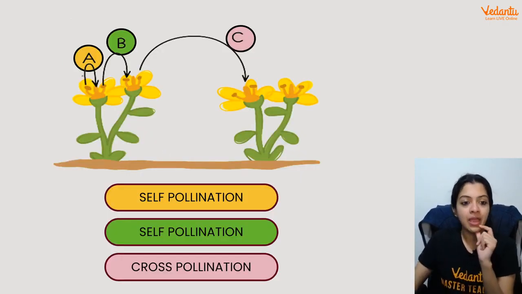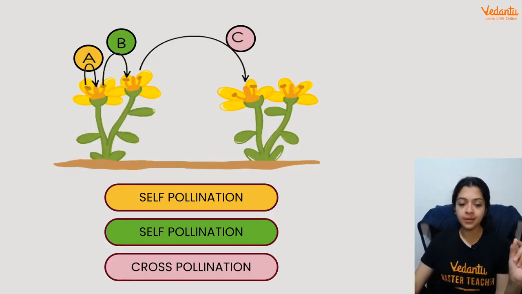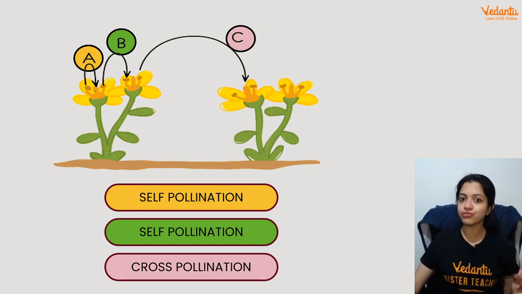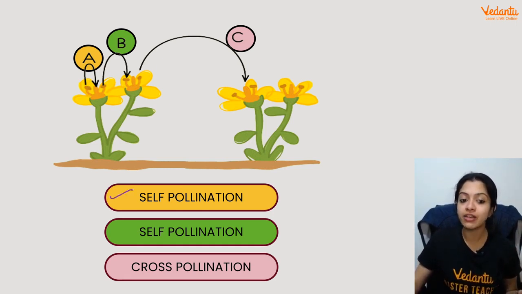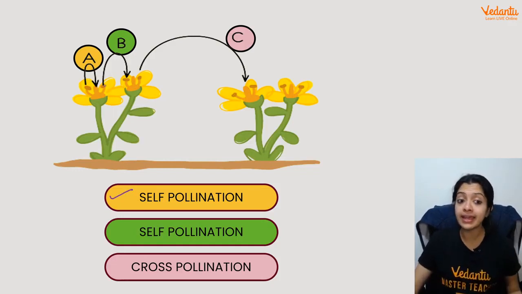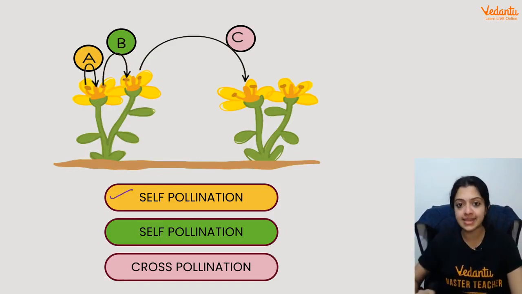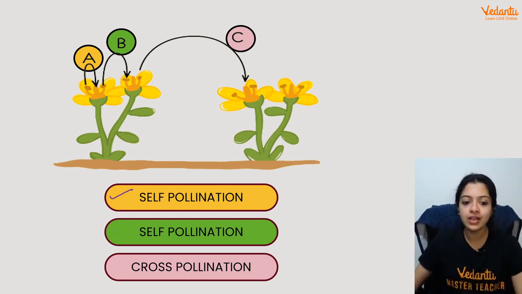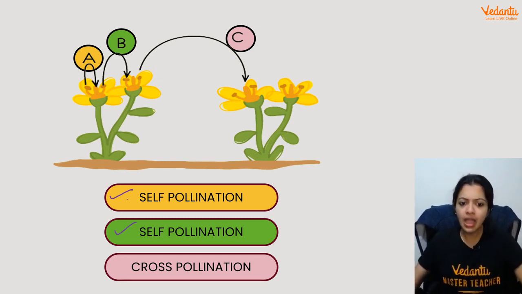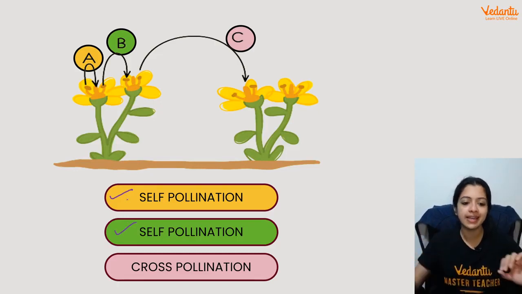As you can see here, when pollination occurs from the anther of a flower to the stigma of the same flower, we call it self-pollination, this yellow color coding. Sometimes pollen grain from the anther gets transferred to the stigma of another flower of the same plant. That is also a method of self-pollination. There are different names that we give to those, but for the time being, you can just understand it this way.